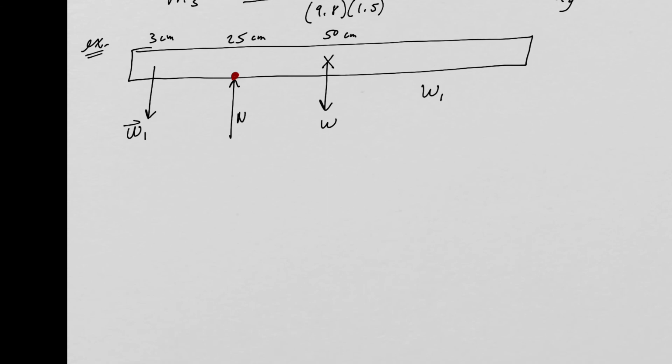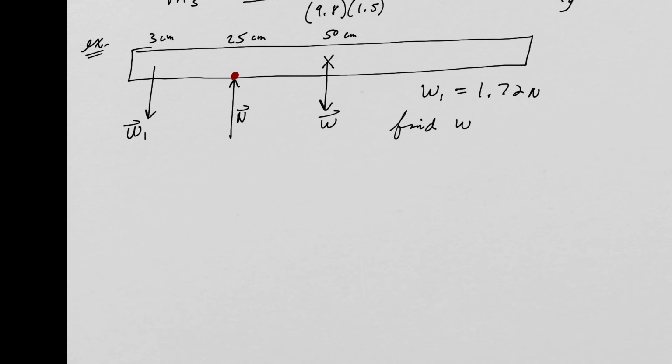These are really vectors. Let's say you're given the magnitude of W1 is equal to 1.72 newtons. And we want to find the weight of the meter stick, which is W. Okay, so we want to find W given W1 and given those measurements.